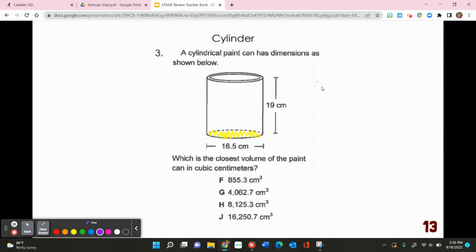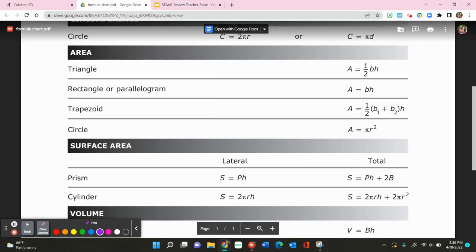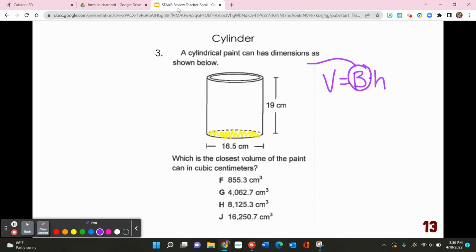So going to our notes, we're going to write down that formula, which is V equals big B times H. Now our base shape is a circle, so I'm going to put a circle around B. And now I'm going to find the area of that circle. And the formula for area of a circle, if we go back to our formula chart, we see it is pi times r squared. So I'm going to write pi times r squared.